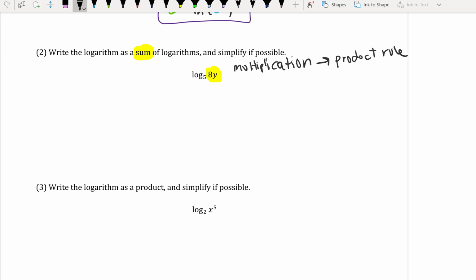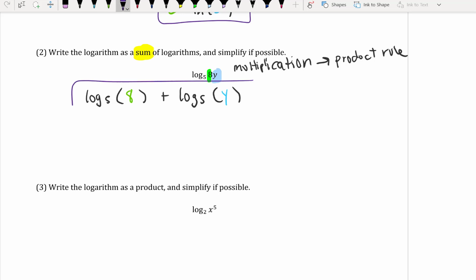Okay, so we are going to have log base 5 plus log base 5. So what we're going to be putting inside of these parentheses is going to be the things that are being multiplied together. So here I have an 8, so that gets put in. And here I have a y, so then that's my y. So that ends up becoming my final answer, log base 5 of 8 plus log base 5 of y.